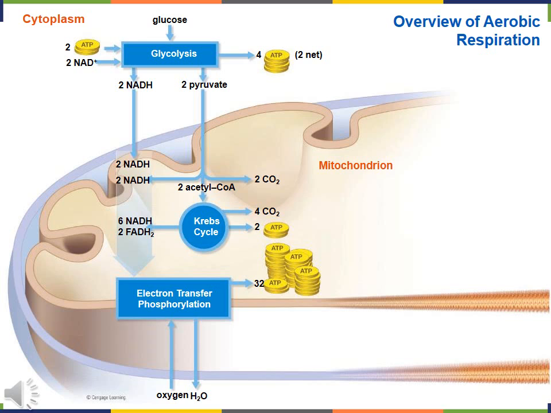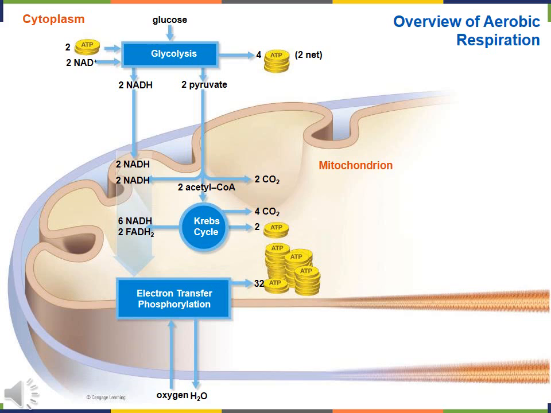And so this whole process thus far has given us a total, along with the electron transfer phosphorylation happening, 32 ATP molecules. So from 6 glucose molecules, we've netted 32 ATP molecules. That is a lot of energy, and I want you to remember that when we start talking about anaerobic respiration.